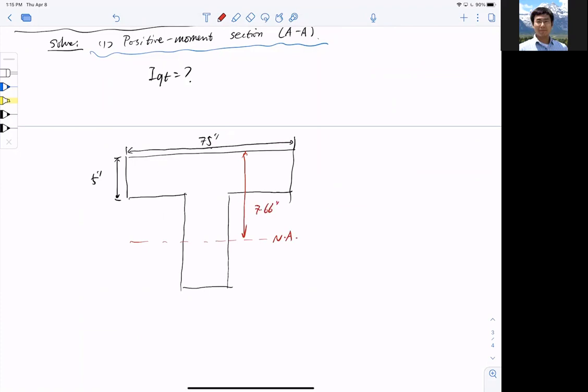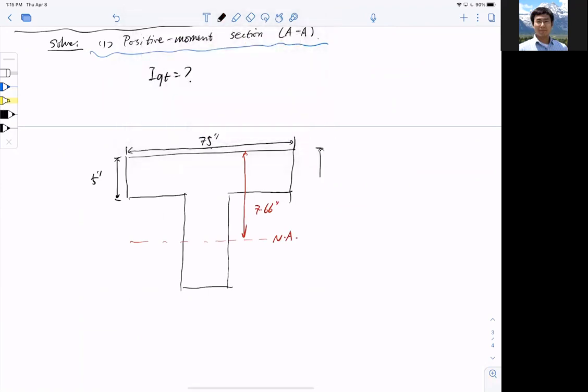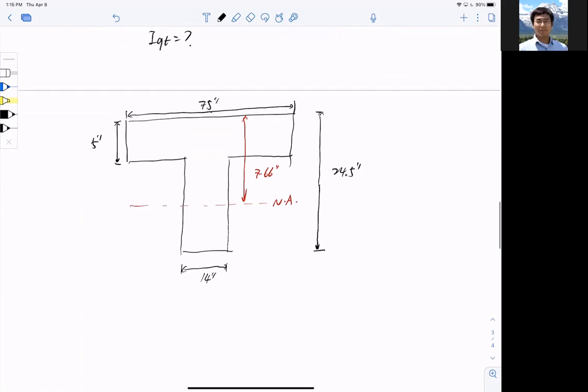The depth, or the height of the section, is 24.5 inches, and the width of the web is 14 inches. So these are the dimensions, and I want to find IGT.